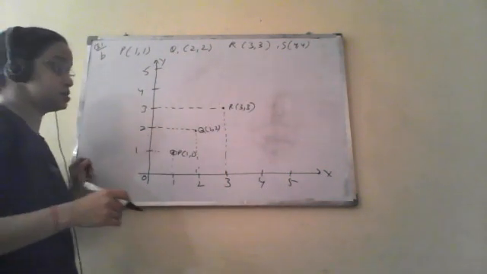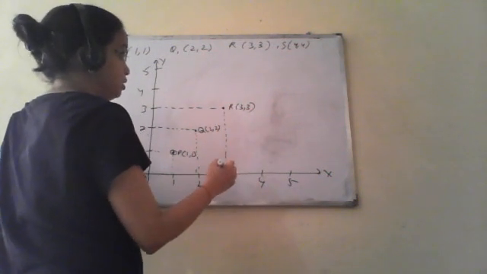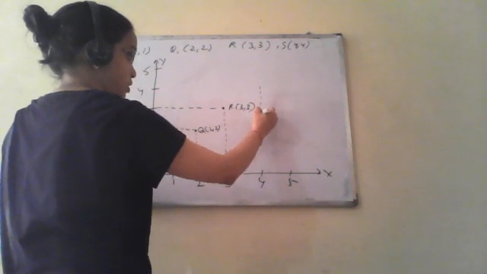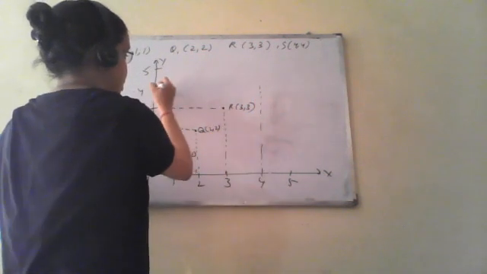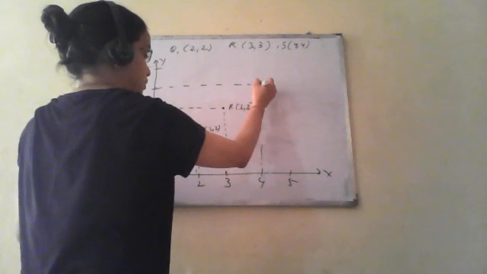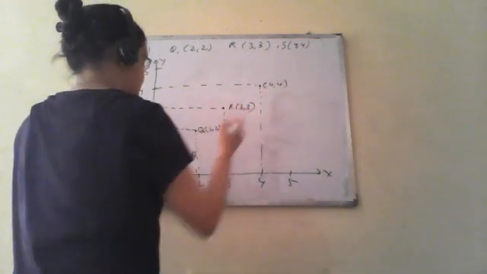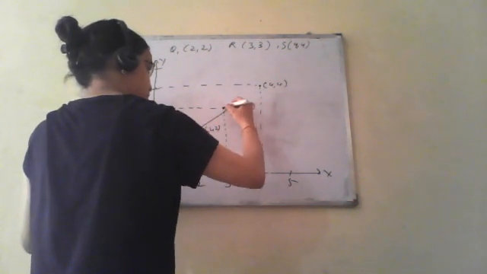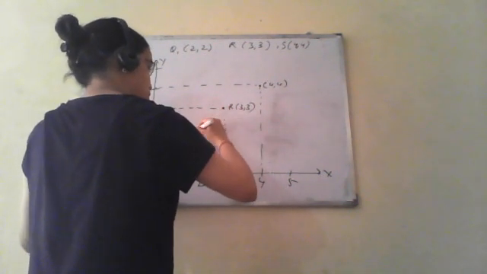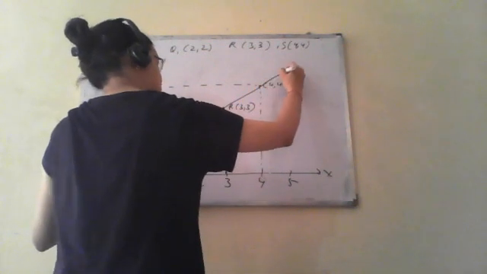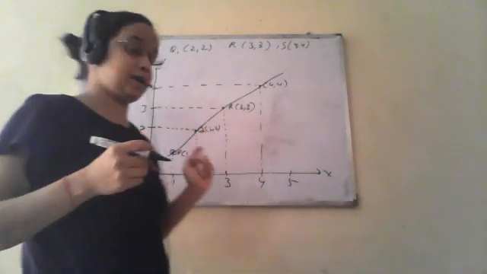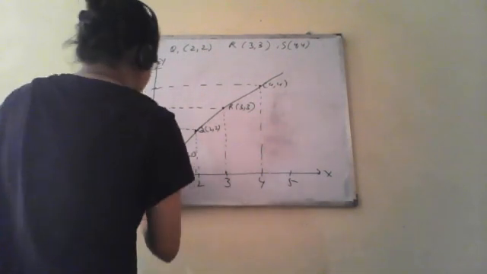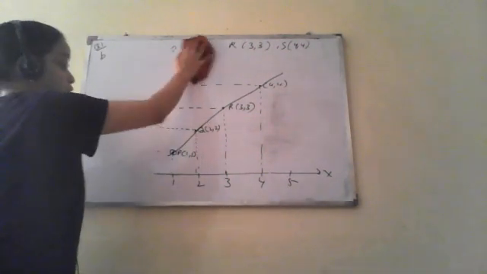And for S, this will be (4, 4). This will be somewhat near here. If we join these points, be careful while joining, okay? So these points lie on a straight line. You can check from the graph.